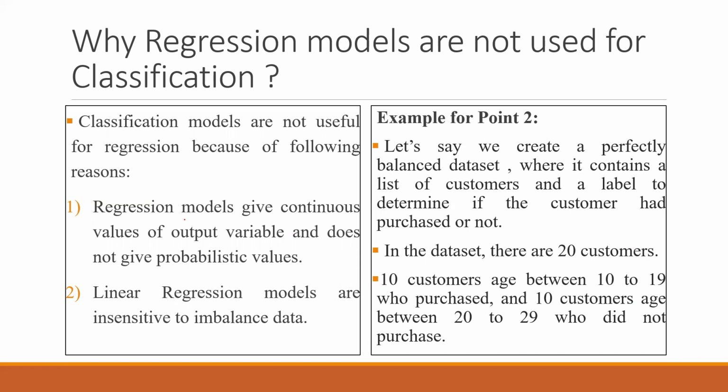Yeah, so in regression models it is clear that we have continuous values, and we cannot say that this is classification, right? And the second part is that linear regression models are insensitive to imbalanced data.